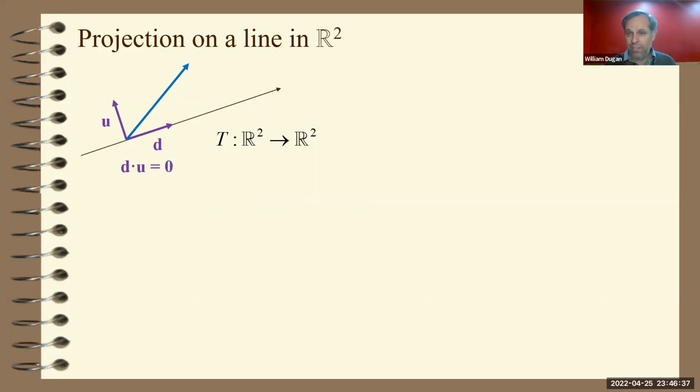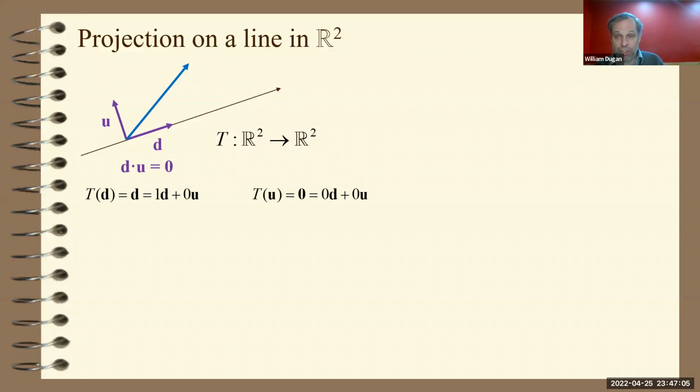So if U and D are two vectors in the plane and they're orthogonal, they instantly make a basis for R2. You can then easily figure out how this transformation applies itself to D and to U. The transformation applied to D has to give you D back, because D is already on the line, so projecting on the line is the same thing. Notice that D can be written as a linear combination of D and U. It's 1D plus 0U.